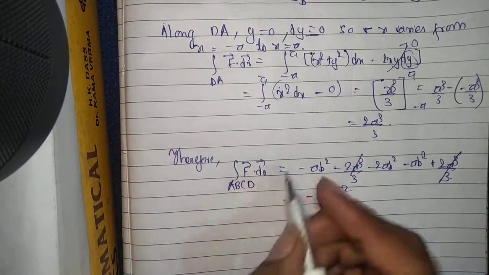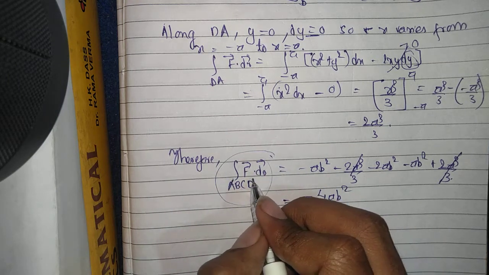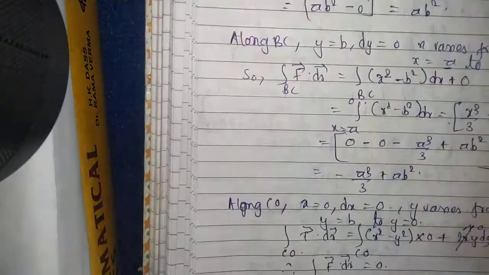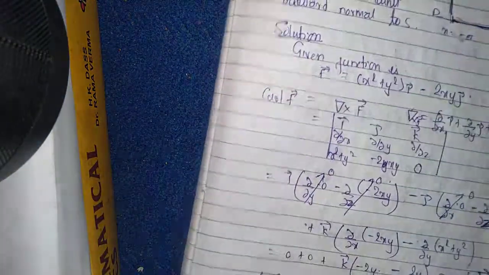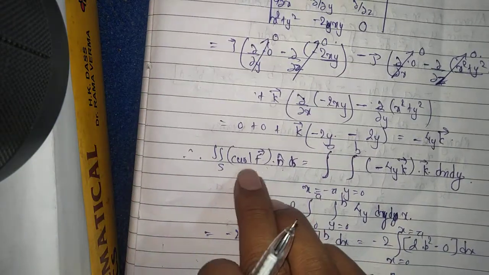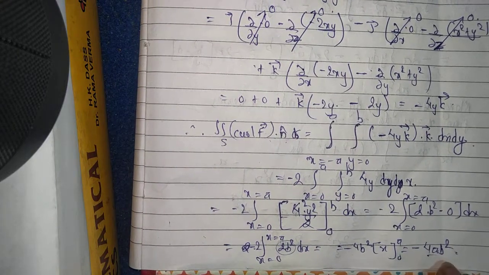So the line integral along ABCD of F dot dr equals minus 4ab square, and from our earlier result the surface integral of curl F vector dot n cap dS is also equal to minus 4ab square. So LHS is equal to RHS.